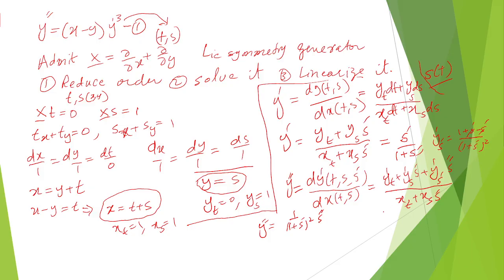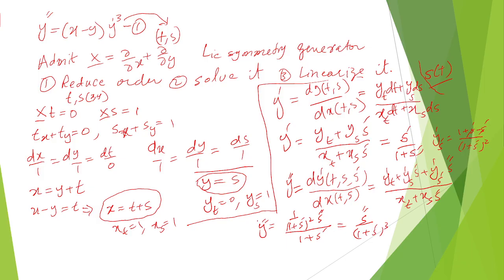This is s double dash, and it is divided by 1 plus s dash as before here. So this is equal to s double dash over 1 plus s dash cubed.